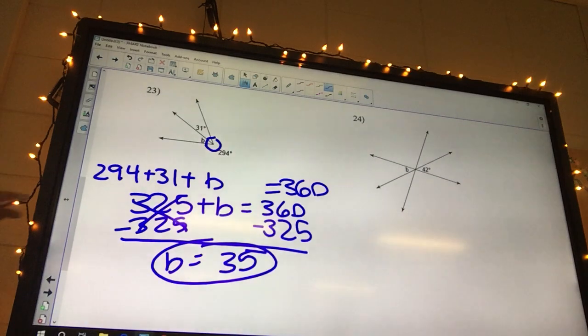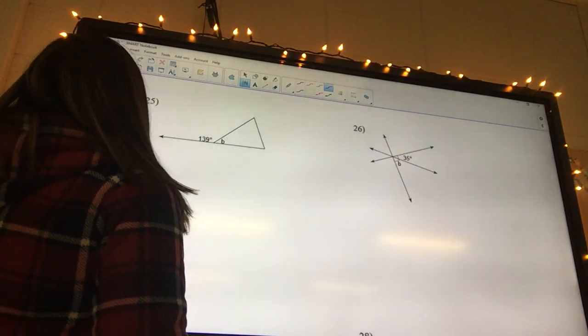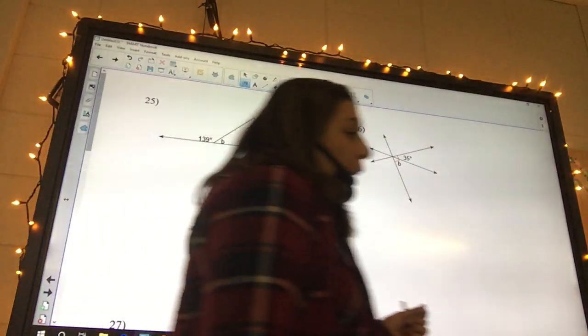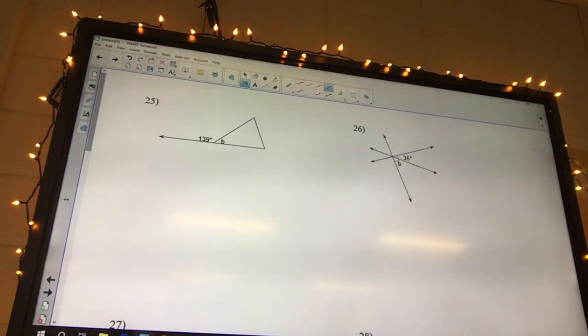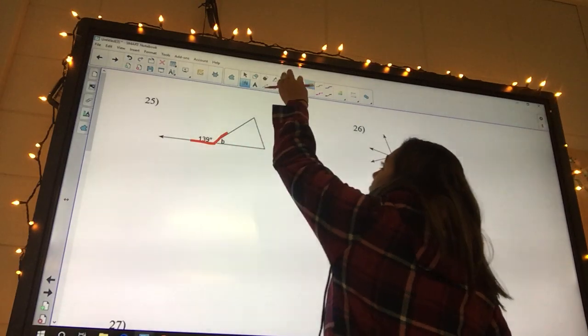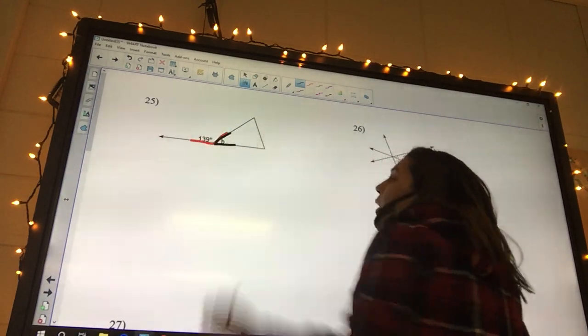Okay, look at 25. We're looking for B. What can you tell me about those two angles that were given? Because this is one, right here, and here's another one. What can you tell me about those two angles?